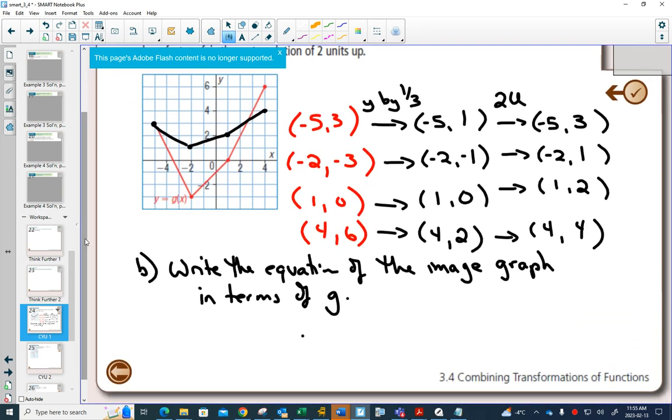In terms of g means on the right-hand side of my equation, I need to have g of x. If y is multiplied by 1/3, that would happen outside of the function. And 2 up also would happen outside of the function.